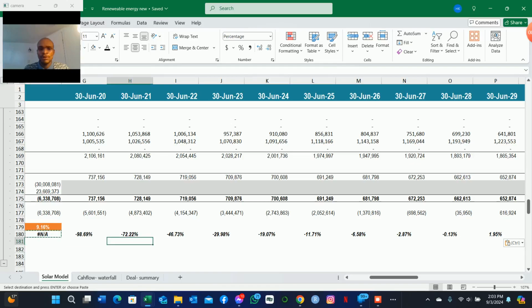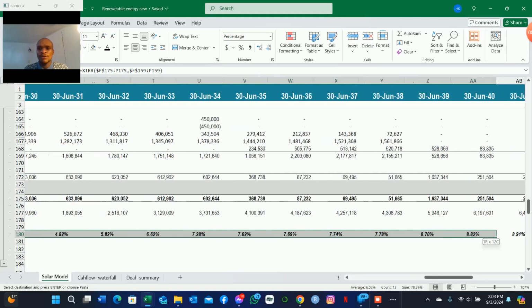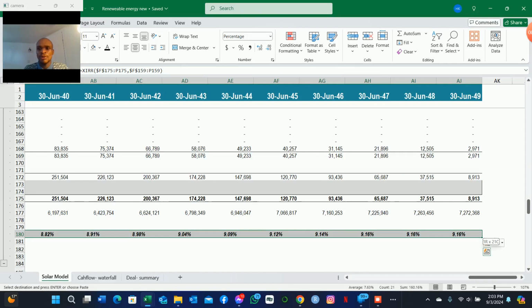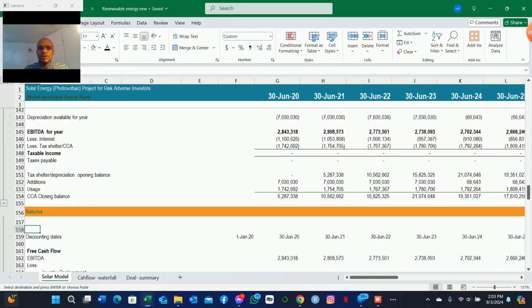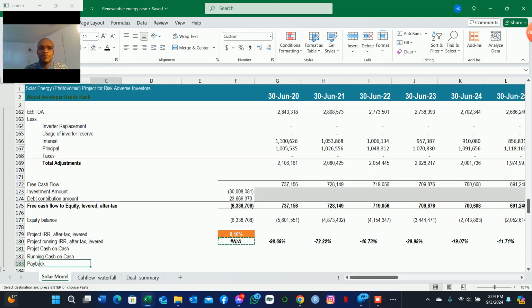We have a negative internal rate of returns for approximately 9 years, and it becomes positive after the 10th year when this project breaks even. It builds over time onto our last year of 9.16%, which is exactly what we calculated above.